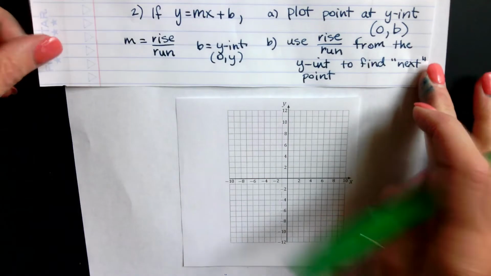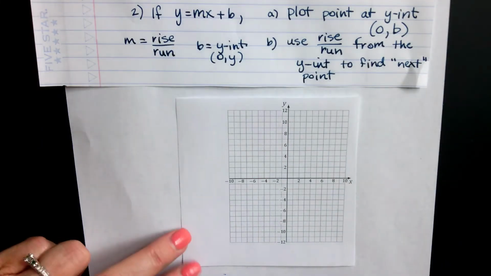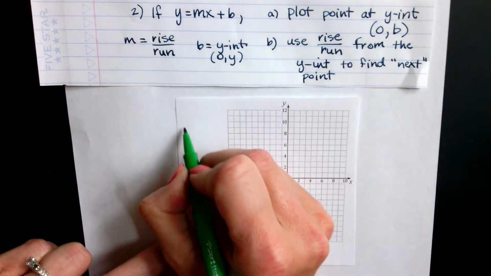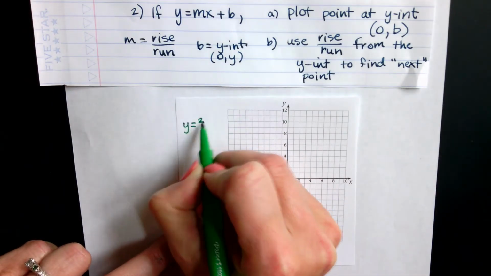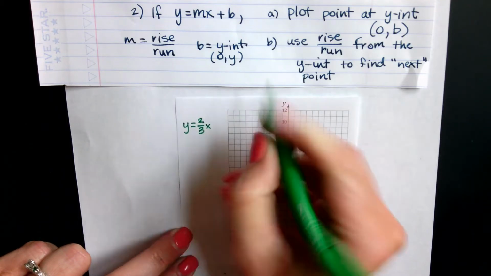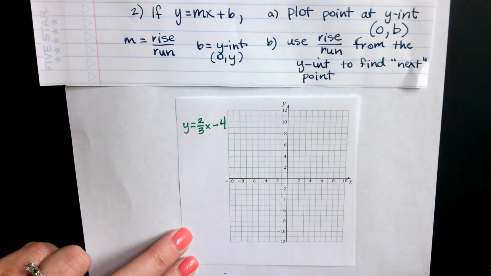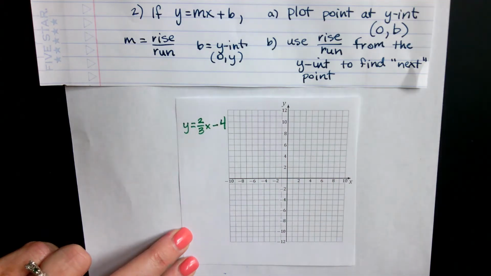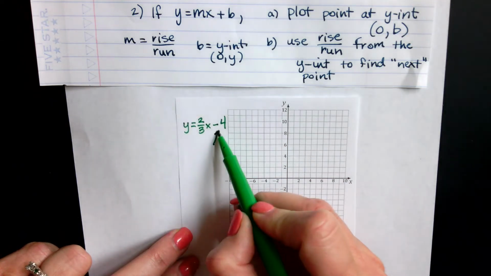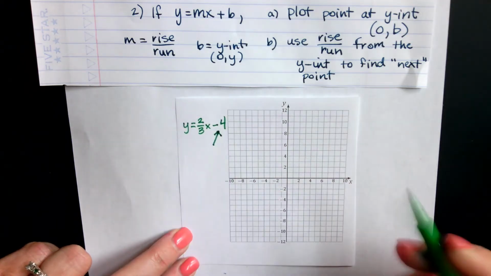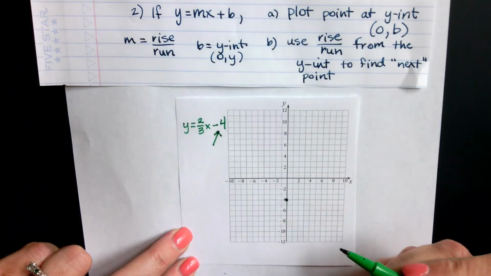Another method you can use to graph a linear equation, if your equation is written in slope-intercept form, is the very first step, plot the point that is the y-intercept, 0, -4 in this case.